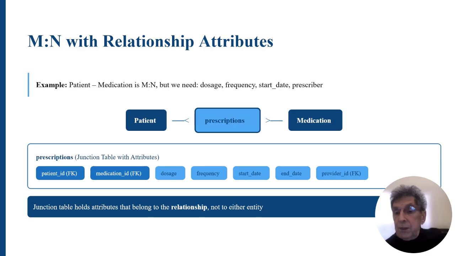The dosage, frequency, route, start date, and stop date are all data elements, columns in this table. The junction table has become a full-fledged entity in its own right. This is common. Many-to-many relationships with attributes often get their own meaningful name. It's not just patient medication. Now it's prescriptions.